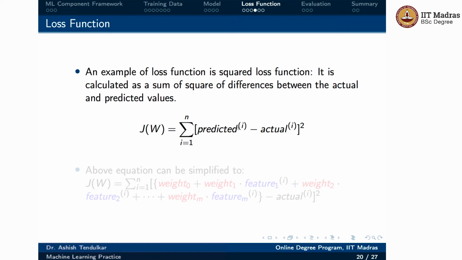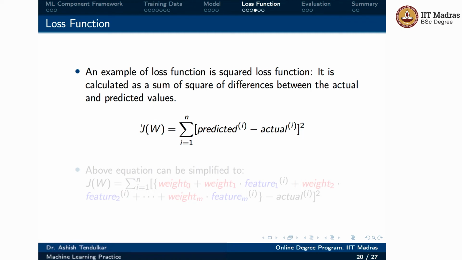So this is the predicted value for the ith example, and this is the actual value for the ith example, and we are calculating the difference between the predicted value and the actual value, squaring it, and summing the square of the difference across all the training examples. So if there are n training examples, we sum the square of the difference for all the examples, and that essentially is the loss function in case of squared loss.